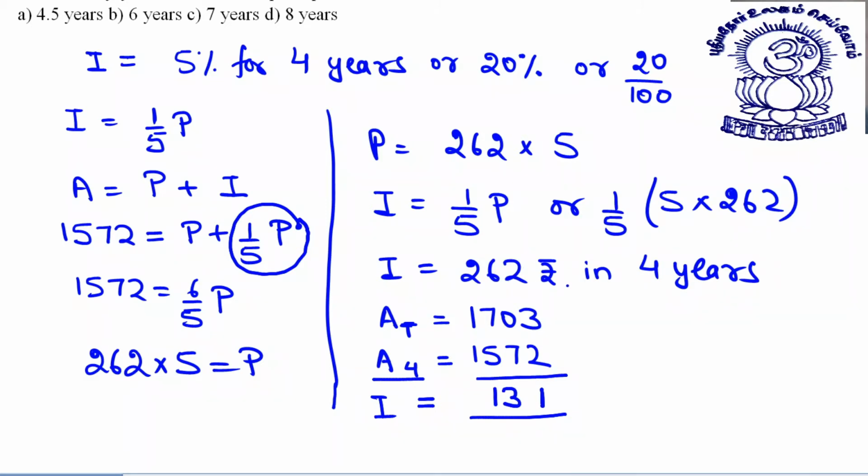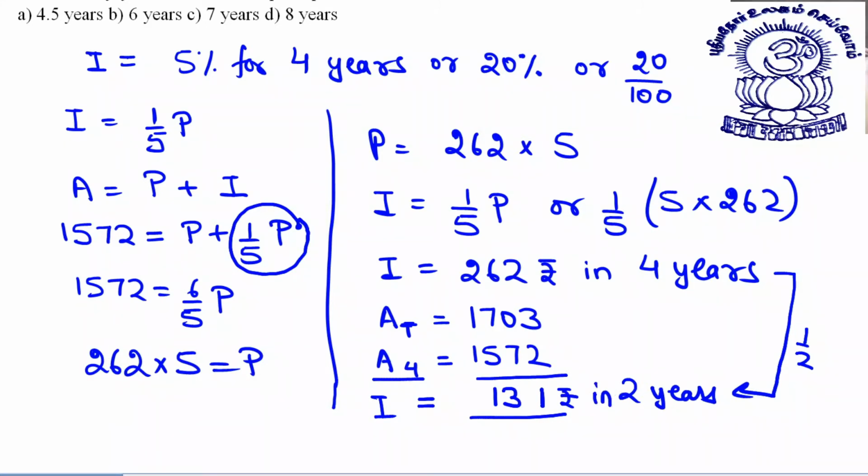If I take half of this, half of 4 is 2 years, and half of 262 is 131 rupees in 2 years.